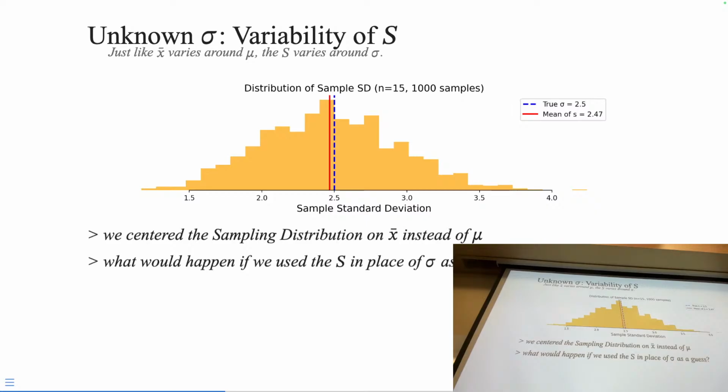It's like our best guess is just the variability in our sample. What if we just guess that sigma is equal to the variability in our data? Anyone have an intuitive idea of what happens when we do that?